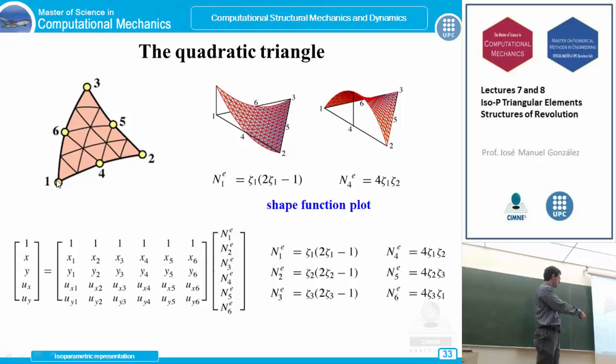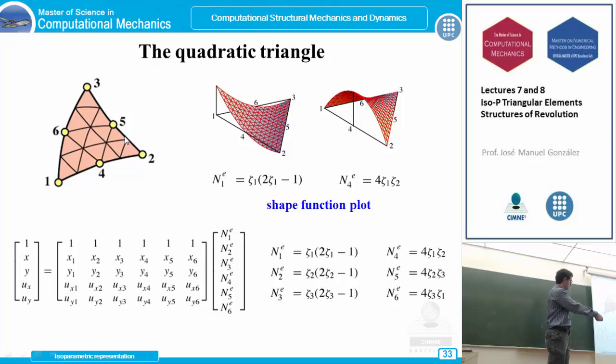So ξ1 is 1 here and 0 here. That's why our shape function for node 1 involves this term, ξ1, which is 0 here and 1 here. So we vanish these 3 nodes. Now we must do the same with these 2 nodes, 4 and 6. These nodes have a value for this ξ1 coordinate which is 1/2.